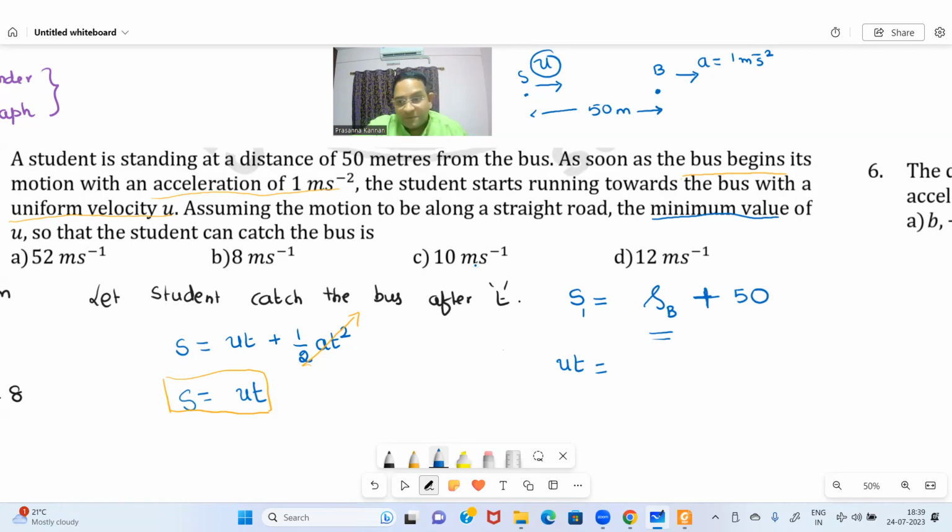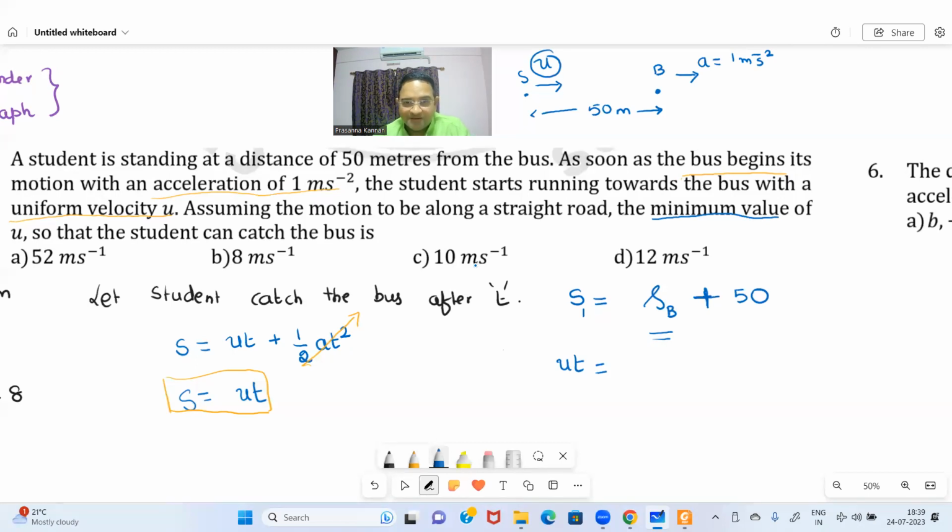Now, what will be the displacement of the bus? Come on, tell me, guys. Displacement, same equation. It is equal to ut plus half at square.